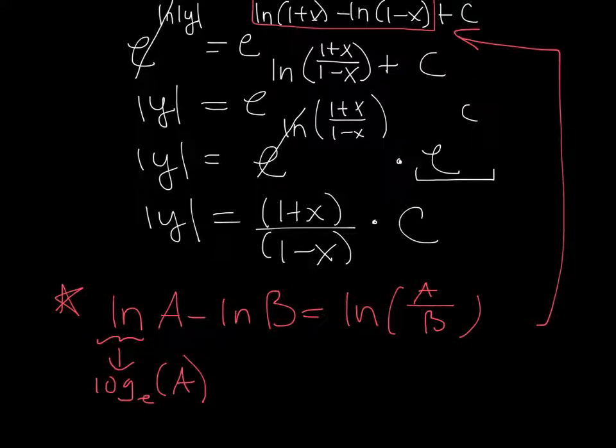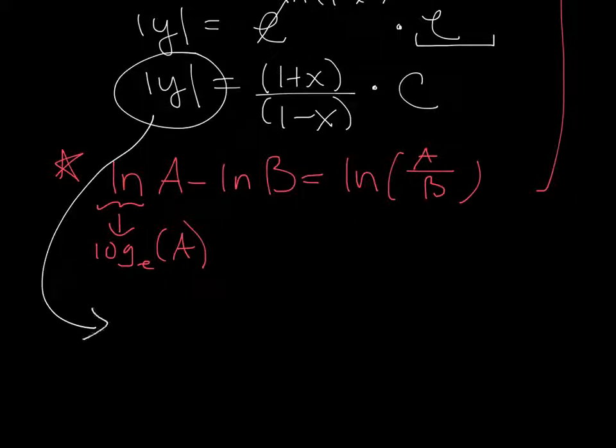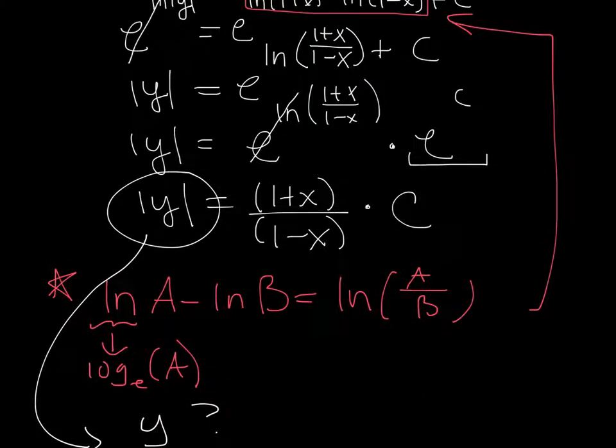And finally, this is either going to be y or it's going to be negative y. So the question is, which one? Well, it depends what function we're working with, and we are working with an exponential function: e to the c, e to some power.